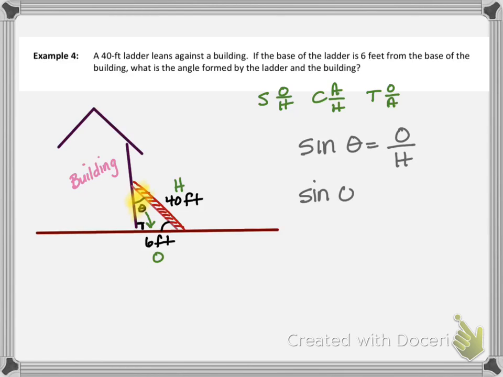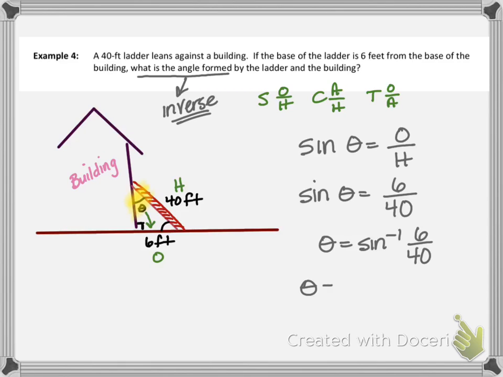Sine of theta, because we don't know what theta is, our opposite is 6, our hypotenuse is 40. What do I do when I am looking for an angle? Remember I told you, angle means always look for the inverse of your trig. So theta is the sine inverse of your ratio.